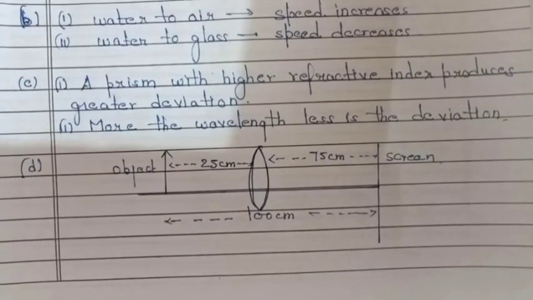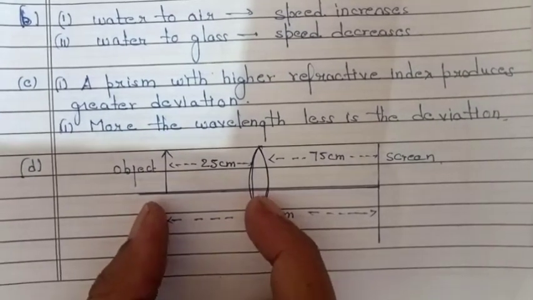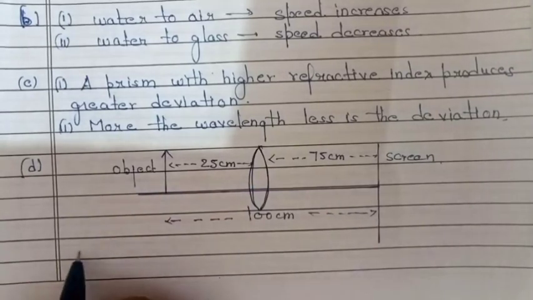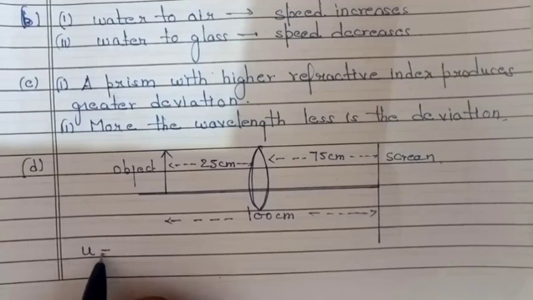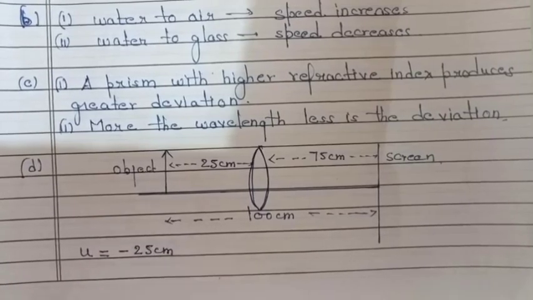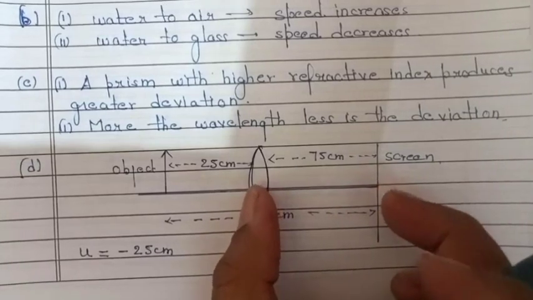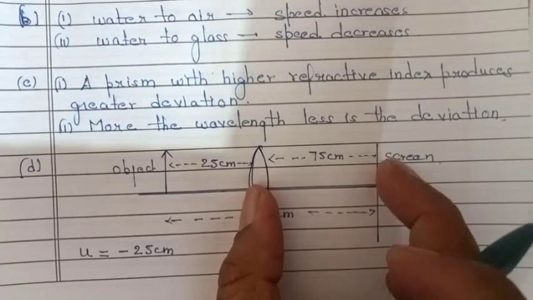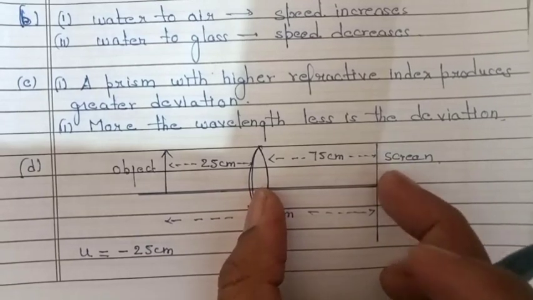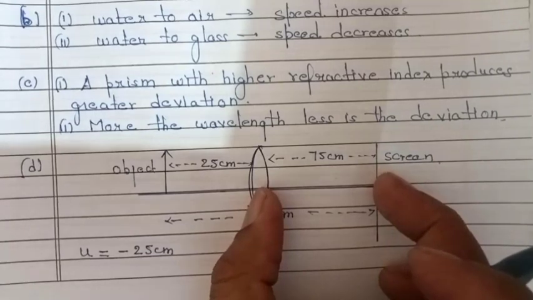Okay, now see, this is the distance of the object from the lens. This distance is represented by u, and it will be negative 25. Now this is the distance between the lens and the screen, and on the screen you are getting the image. So you can say it is the distance between the lens and the image.